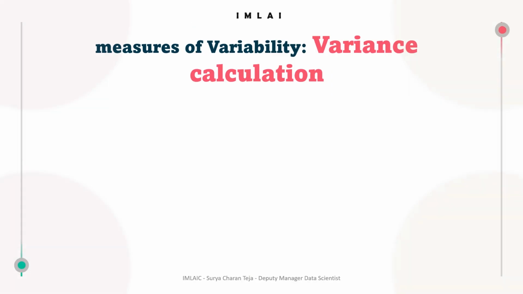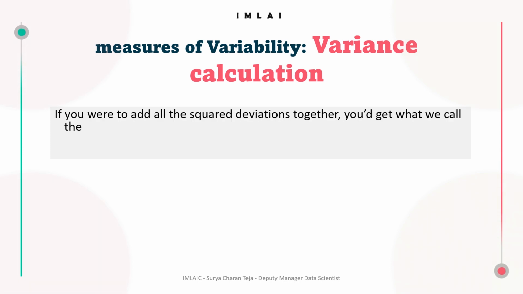Now we have to put all the steps together to calculate the variance. If you were to add all the squared deviations together, you would get what we call the sum of squares.